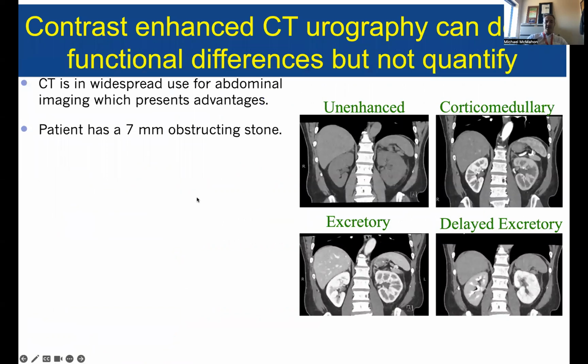I'd like to point out that in addition to MRI, computed tomography can be used to depict kidney function, and in fact, is in widespread use for abdominal imaging. In this case, we're looking at the CT images of a patient with a 7mm obstructing stone.